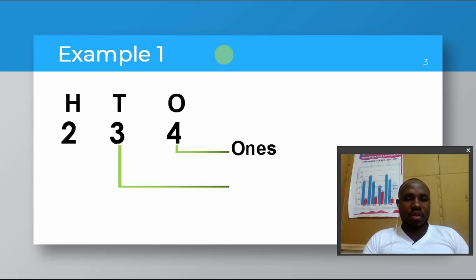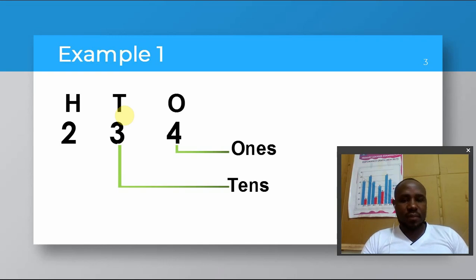What is the place value of 3? According to the letter which is here, it represents tens. Therefore, the place value of 3 is tens, and we write the word tens as T-E-N-S.